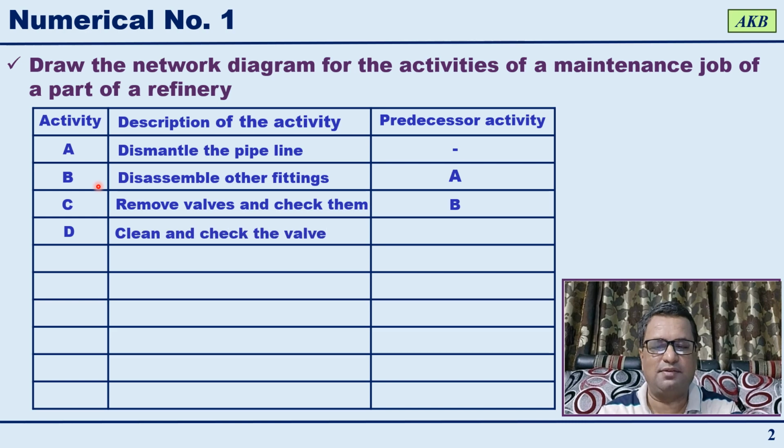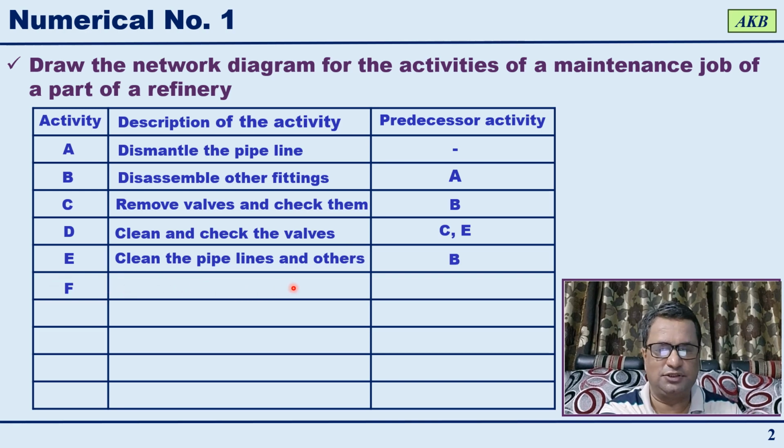Then you have activity D, which is clean and check the walls. There are two predecessor activities to activity D, and these are activity C and activity E. Then you have activity E, which is cleaning the pipelines and other fittings.